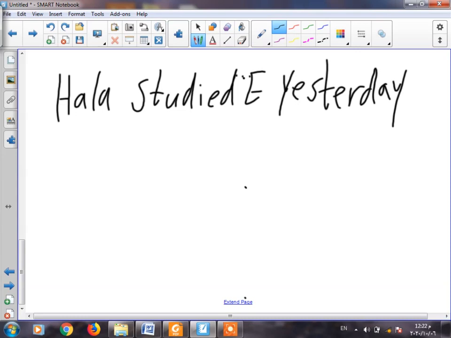The tense is first, the verb is studied, I underline it. What about the tense? It's past. How do you know that? Because we have -ed added to the verb, and we have a key word which is yesterday. All of these are indications and marks for the past simple tense.